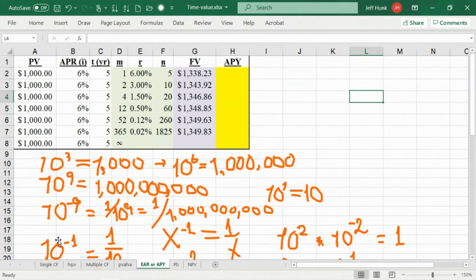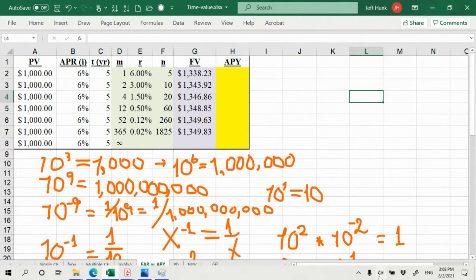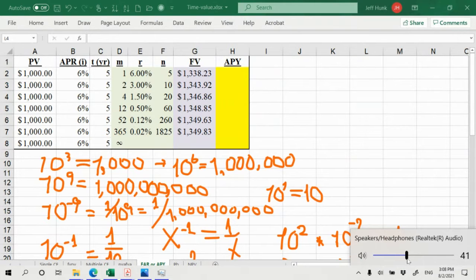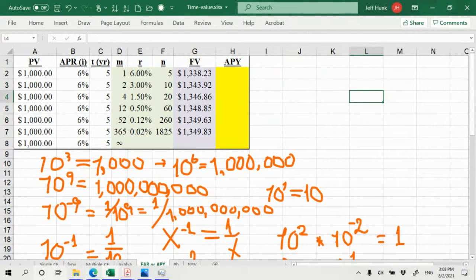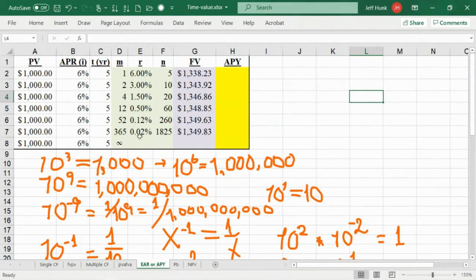So, in a word, when I defined effective interest rate, I said, think about it, a 6% interest rate compounded just once a year will get you to this 1 year, 5 years later.